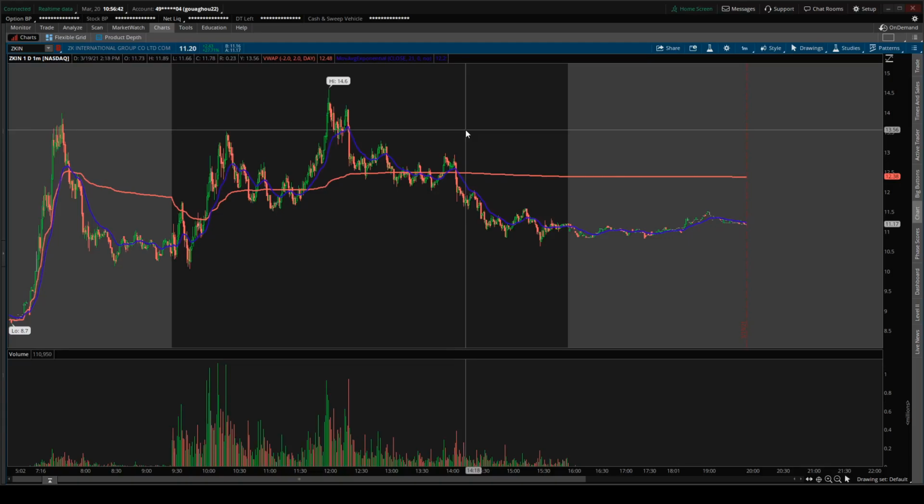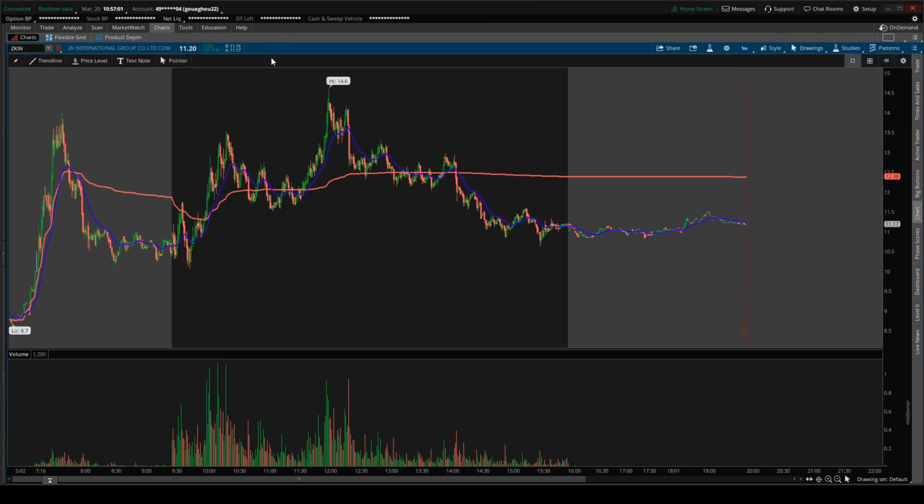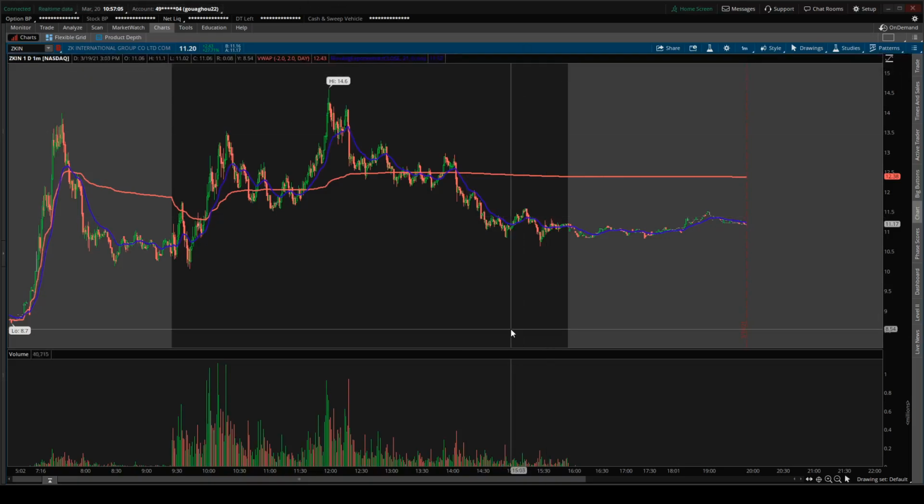But when it comes to executing orders, it's not a direct routing broker, which means the execution on the platform is very slow, and so most of the time you get lots of slippage. And so lots of traders use TD Ameritrade for charting, but at the same time they use other brokers for executing orders.